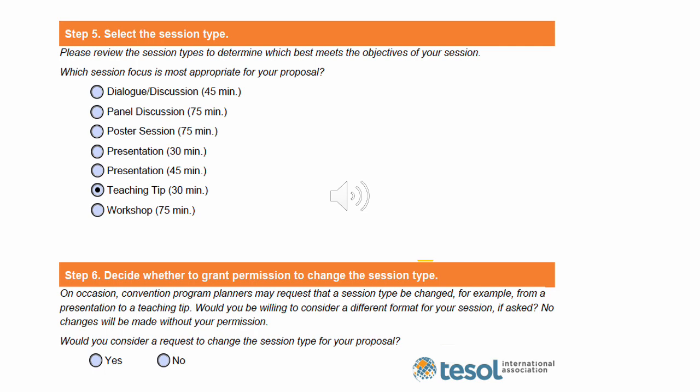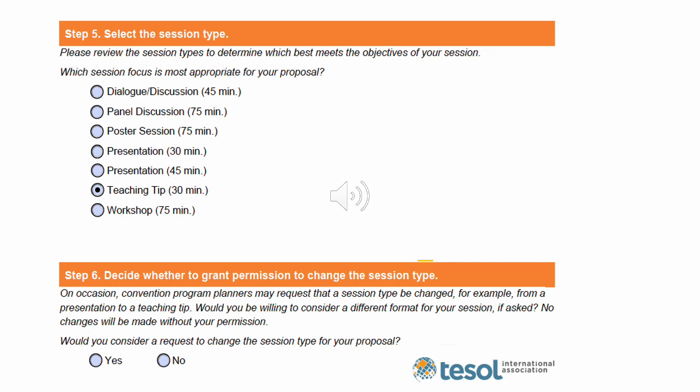As for the next step, step 6, we recommend that you say yes. Go ahead. There's a chance, if the program's very, very crowded or there are other proposals talking about a similar topic as yours, they're going to have to choose very judiciously as to which presentations get 45-minute or 30-minute slots.